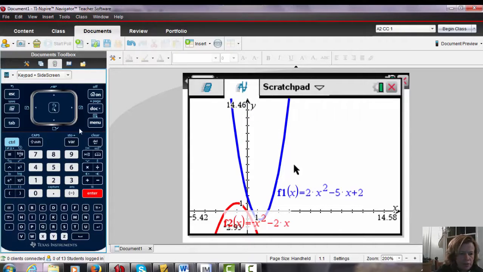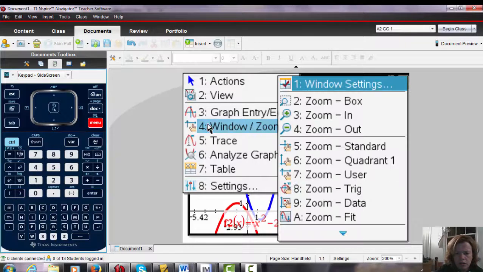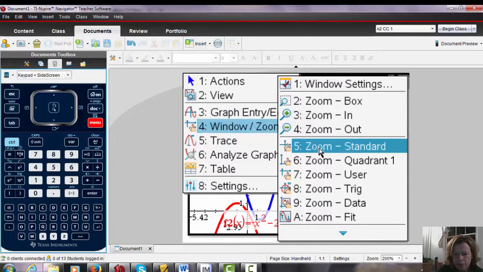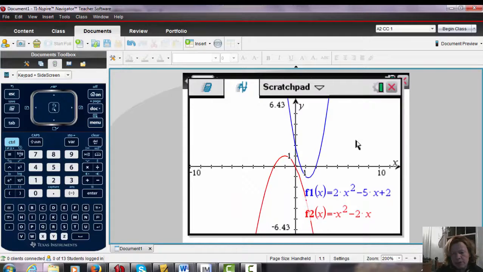And we can see, if I go menu, window, standard, is probably good. That's better. I can see that while they come close to each other, there are no points of intersection of these two graphs. And so my algebra was right and there was no real solution.